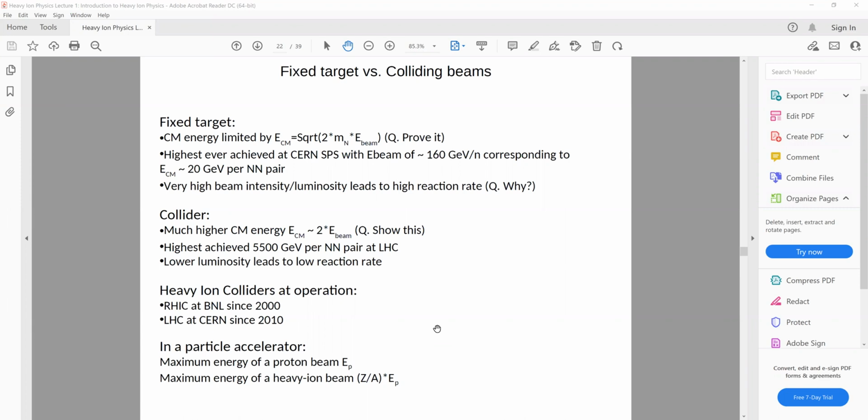So can anybody tell why this is so? Why can't I go up to EP for heavy ions in the same machine, but only Z by A times EP? Any student? Dukishan? Sir, I know this conversation, but why this Z by A, I don't know.